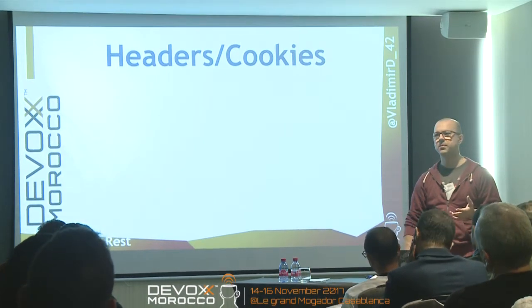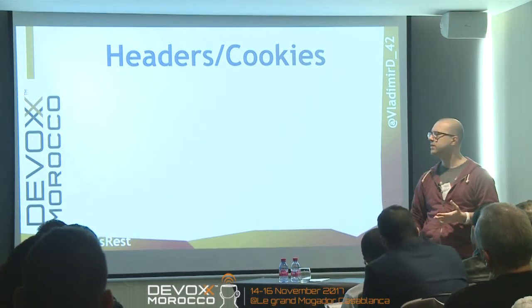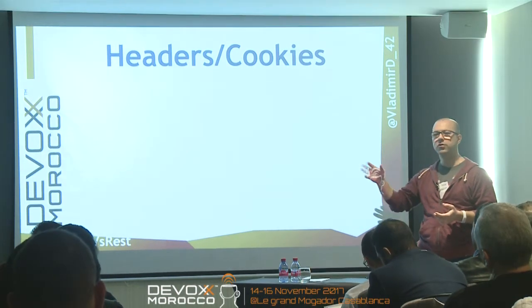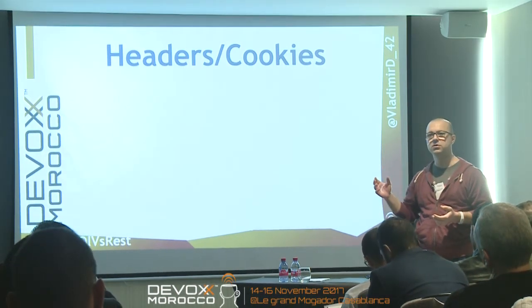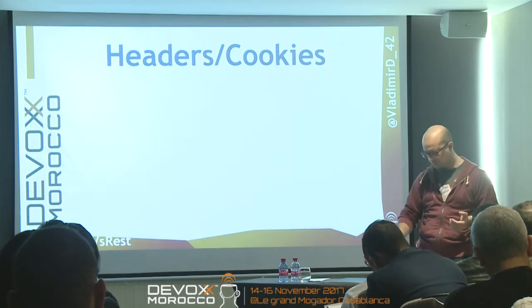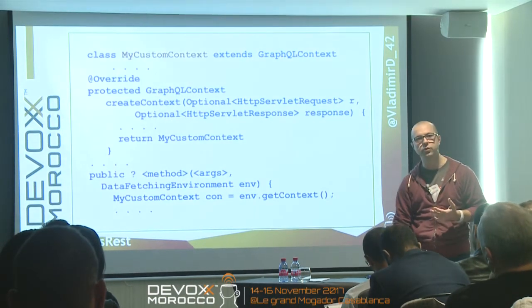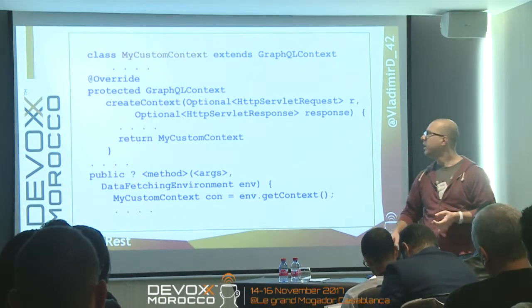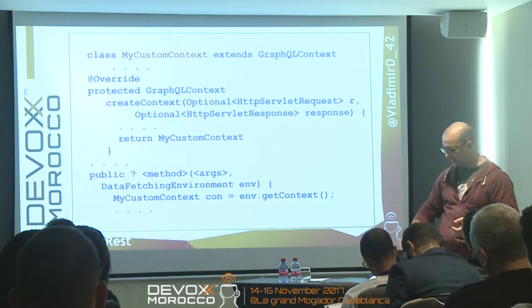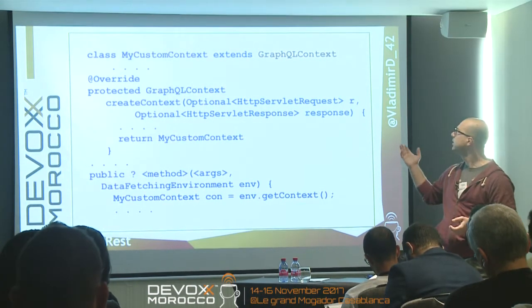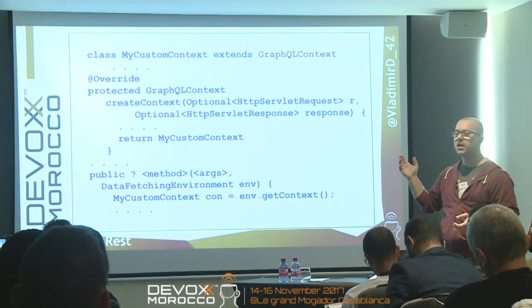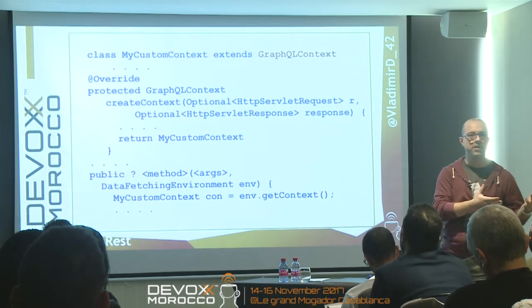What about headers and cookies? For some APIs that I built, we didn't send parameters through the URL. We were sending them through the headers. So it's a little bit more tricky, right? Well, in this case, at least in the Java implementation, you need to create a custom context class which extends GraphQL context, and then add your custom code, whatever you need there.